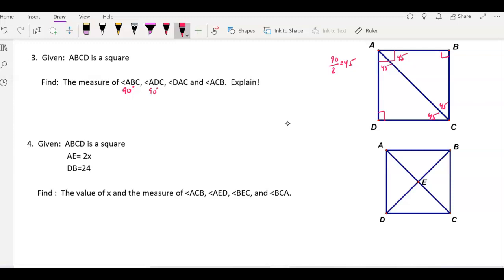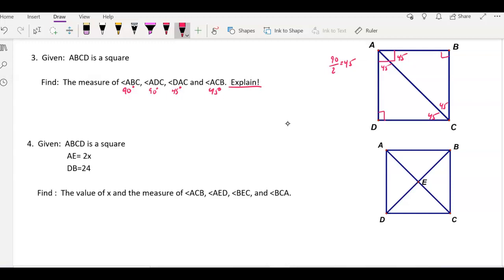Angle DAC, 45 degrees. And ACB is 45 degrees. So again, the explanation would be the fact that a square is a rhombus and a rectangle. Diagonals bisect the opposite angles in a rhombus. And if the angles are 90 degrees, each of them is 45.